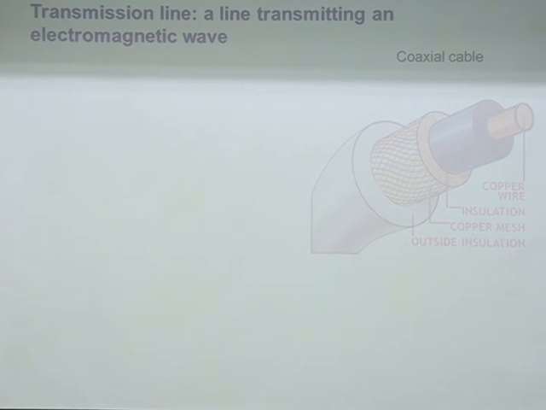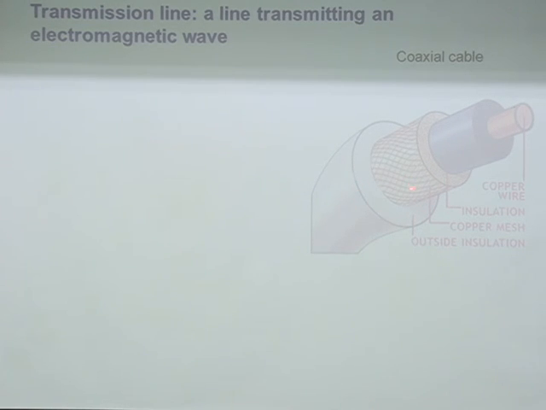The most common transmission line is basically a coaxial cable. For this coaxial cable, you have a piece of copper wire at the center, and then insulation, and then you have another layer of conductor outside, confining the electromagnetic energy inside. And in order not to touch the conductor outside this transmission line, very often you put some insulator, some kind of plastic material outside.